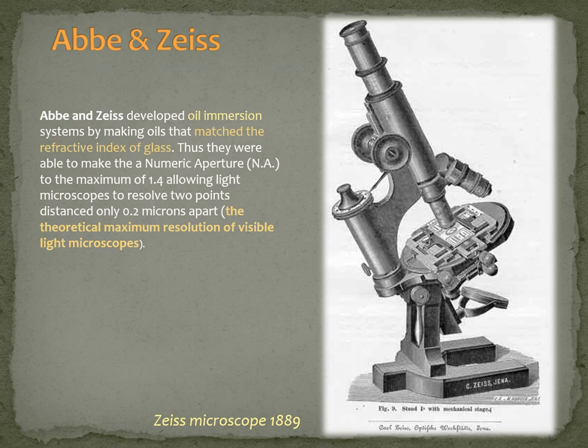And with such a system, the first Zeiss microscopes, almost 150 years ago, with lenses with a maximum of 1.4 numerical aperture, the system would allow us to resolve two points that were just 0.2 microns apart, which is, according to Abbe's law, the maximum theoretical resolution of a visible light microscope.